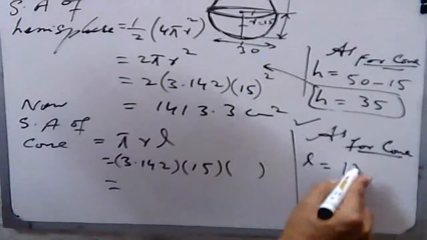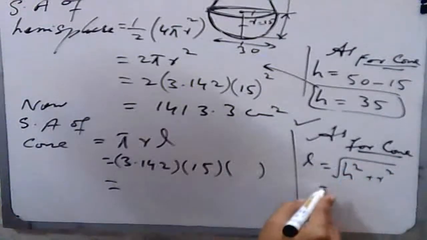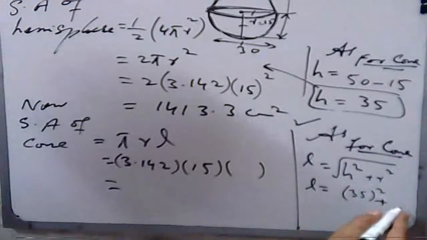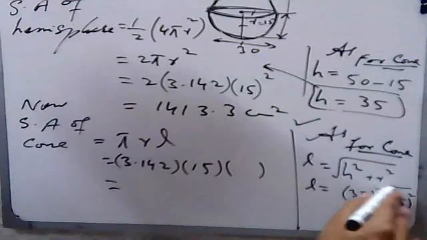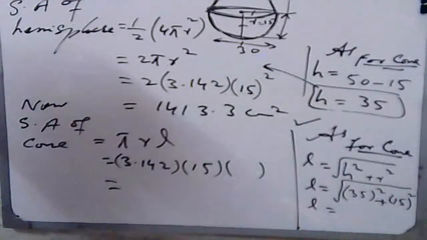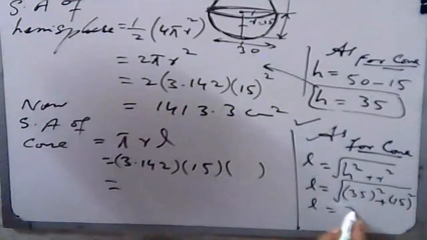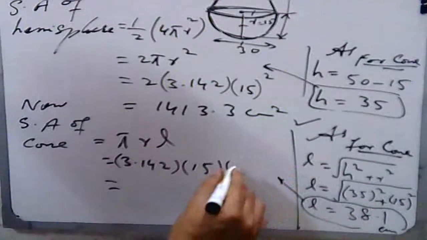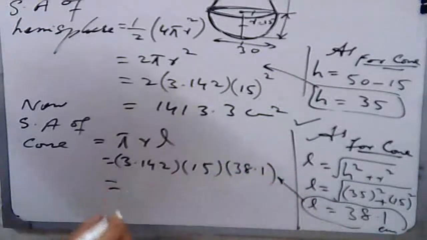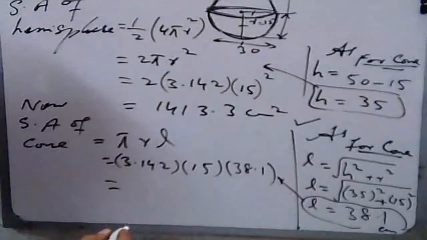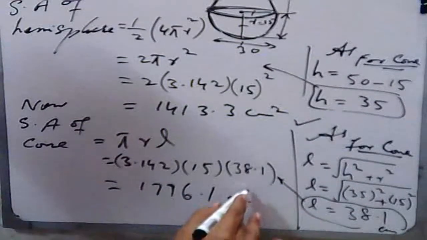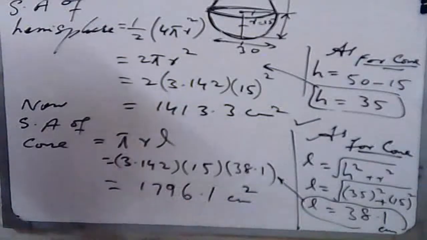The h is 35 square, r is 15 square under root, and the value of l after simplification you will get 38.1 centimeters. So that is your l you should use here. So after putting the values, you will get 1796.1 centimeter square. So that is your surface area of cone.